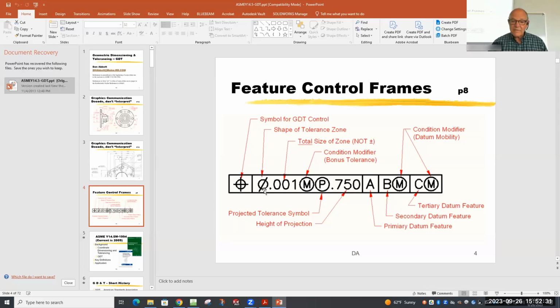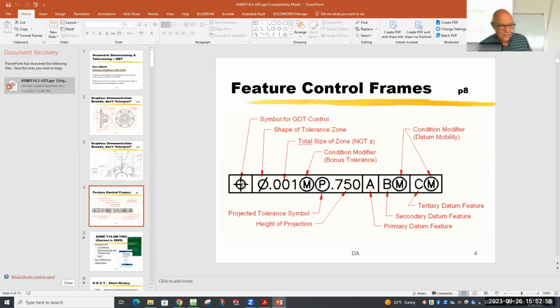In dimensional tolerancing, you've got a zone, and I'll show you what that zone looks like in a second. But what that diameter symbol tells you is that the zone in this particular case is circular. It's a cylindrical zone. And what it literally means is that the axis for that hole has to fit entirely inside a straw that has a certain diameter.